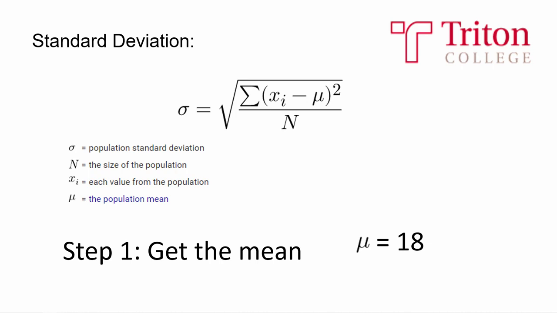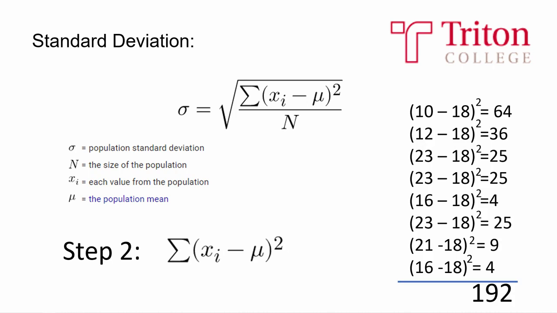So let's look at the standard deviation, or how spread out they are. How spread out are all these observations around 18? What we do is the sum, sigma, of (x minus μ) squared.